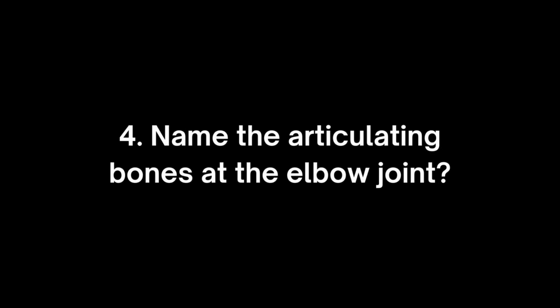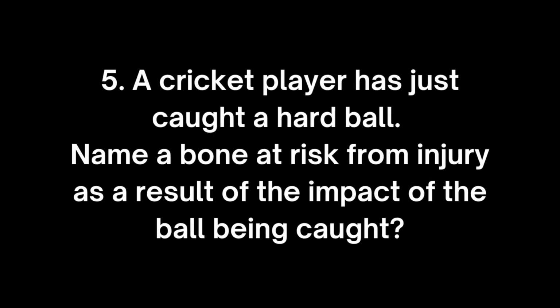Question 4. Name the articulating bones at the elbow joint. The articulating bones are all the bones that move at the joint. Question 5.